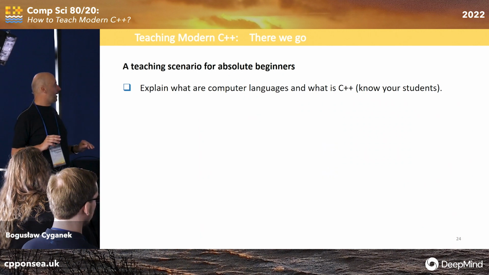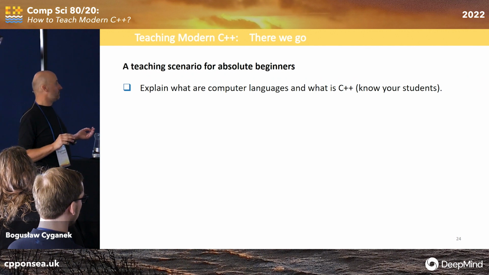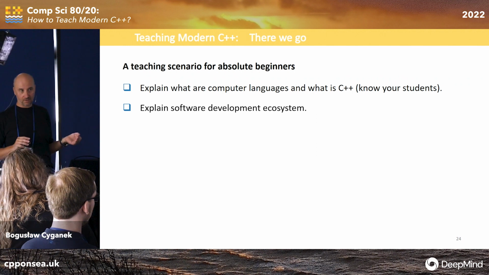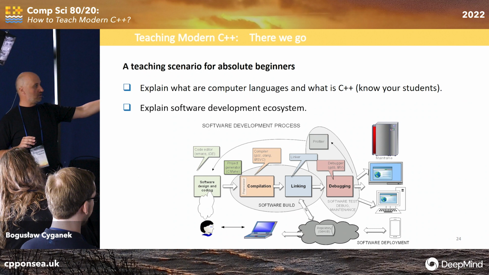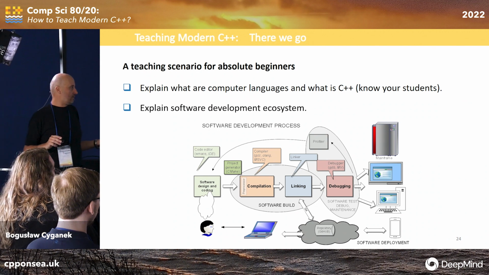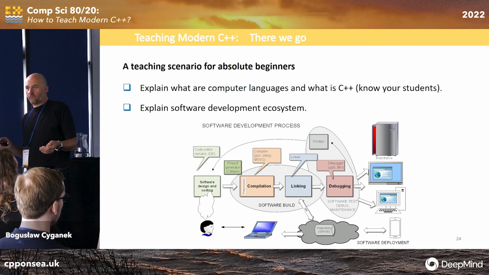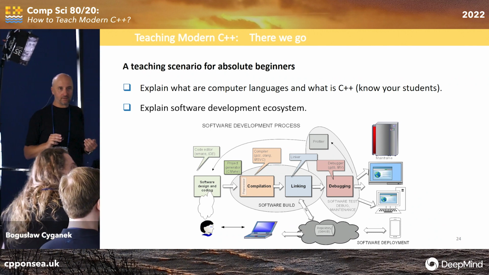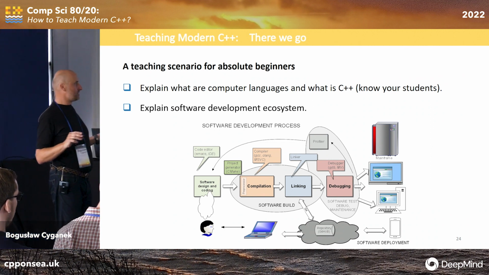So explain what computer languages are and what C++ is. Maybe they don't know. Explain the software development ecosystem. I call this the ecosystem. So what is compilation, what is linking, debugging? Actually, a computer language is the means of talking to the computer, yes? What it's supposed to do for us. So the language is just a medium. It's not that important.